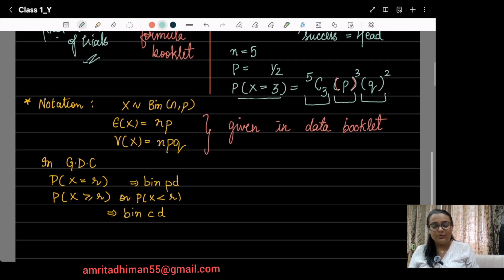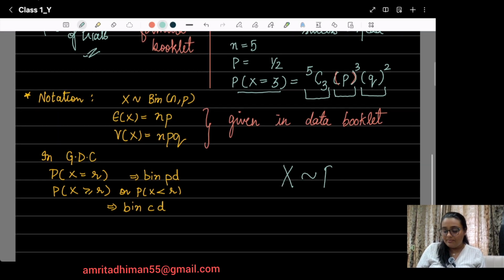Just a few notations you need to remember for binomial distribution. We write x, with this sign we use for distributed, B, and two parameters: n, which represents the number of trials, and p, which represents the probability of success.